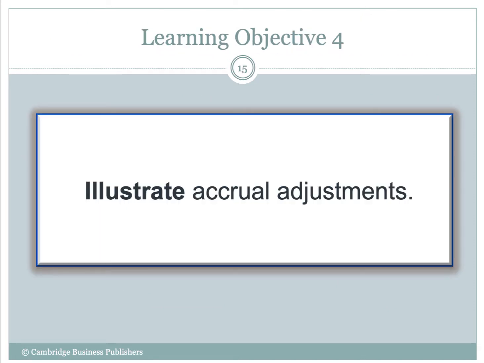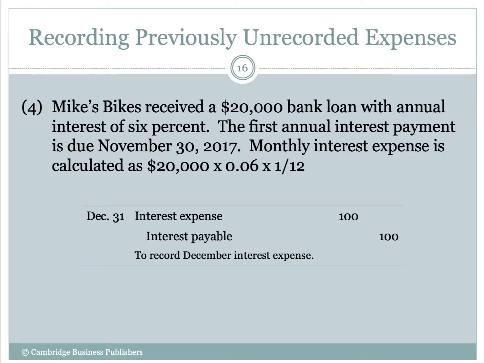Okay, now let's look at accruals. We only got two accruals, right? Accrued revenue and accrued expenses. So when we're looking at previously unrecorded items, let's say, for example, that Mike's Bikes receives a $20,000 bank loan with annual interest of 6%.